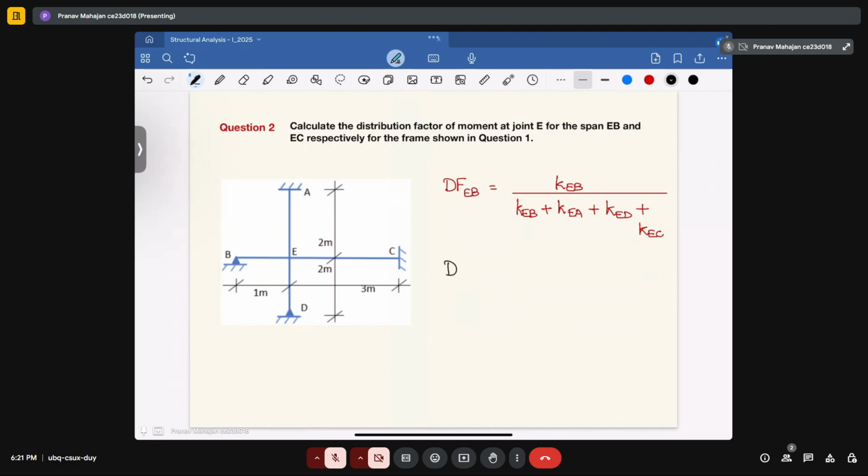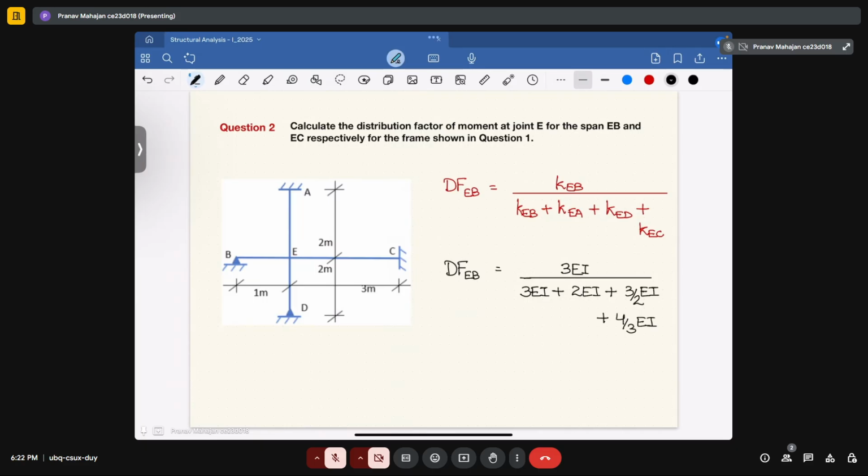Okay, so that will give you the distribution factor for EB to be equal to 3 EI divided by 3EI plus 2EI plus 3 by 2 EI plus 4 by 3 EI.